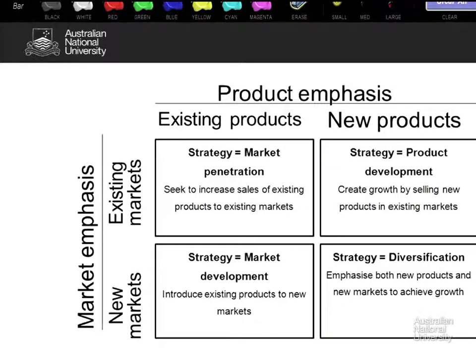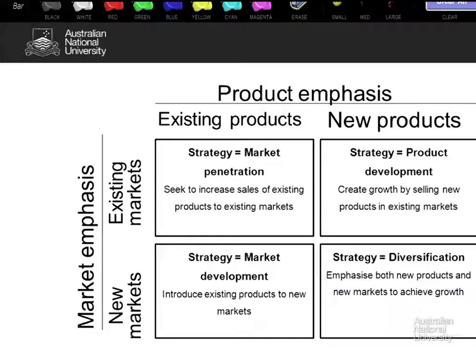A marketing strategy, a growth strategy that looks to increase the sale of existing products to existing markets will have a distinct segmentation approach that it must use and should use to create that strategic opportunity.